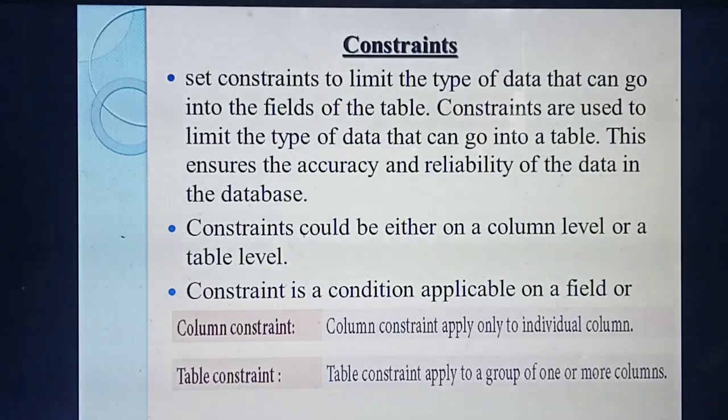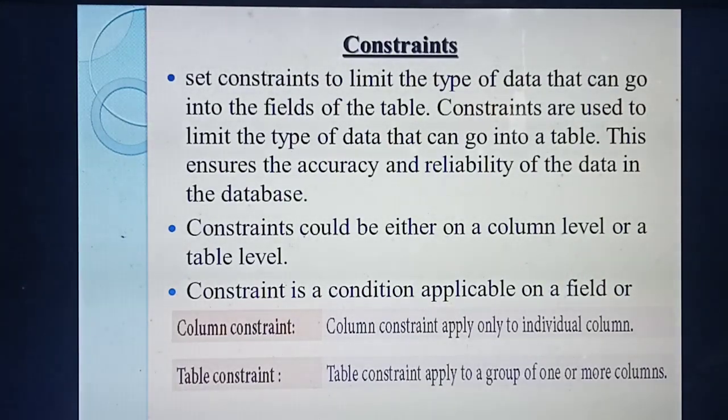There are two kinds of constraints. Constraints can be given either at column level or at table level. Understand? So what do you mean by column constraint?